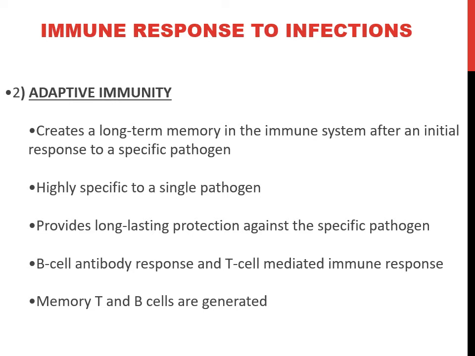T cells are composed of T killer cells or cytotoxic T cells that just go right up to the bacteria and fight it and destroy it, and T helper cells, which is what we were talking about when we were talking about HIV infections.